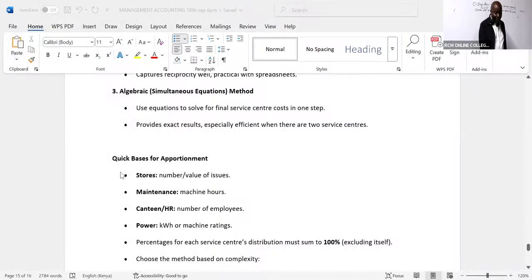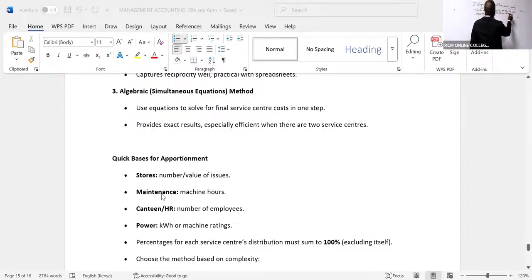Yeah, number two, maintenance department. What are these guys maintaining? They're maintaining machines. For that matter, for maintenance department overhead cost, we shall be using machine hours.